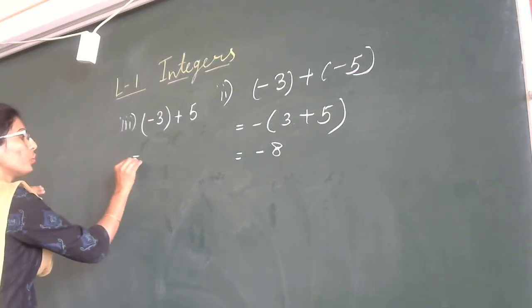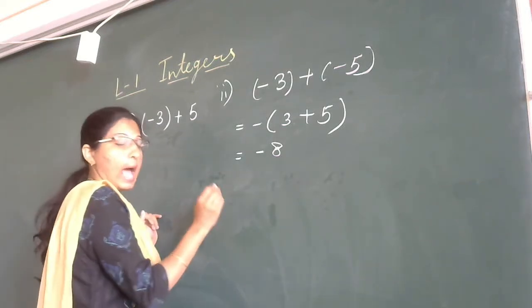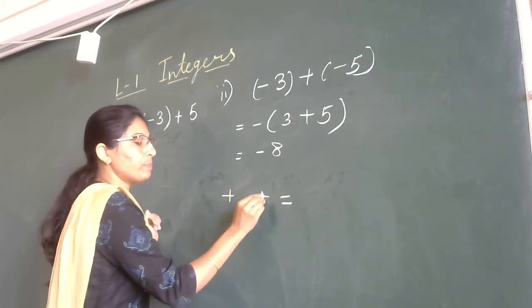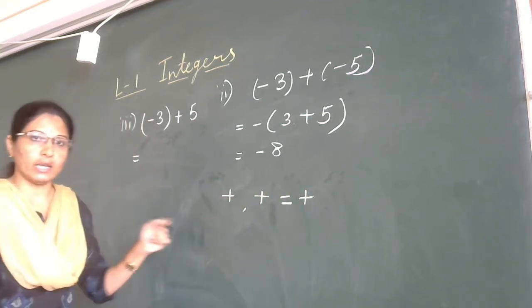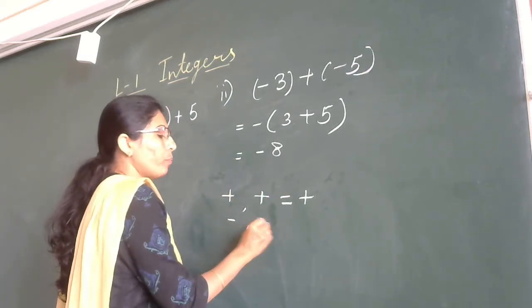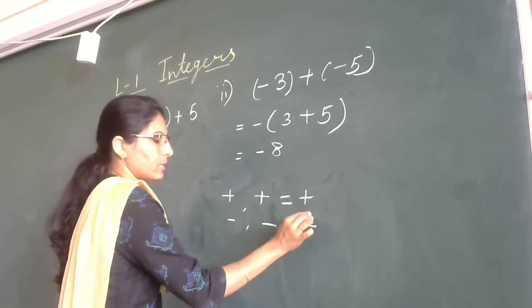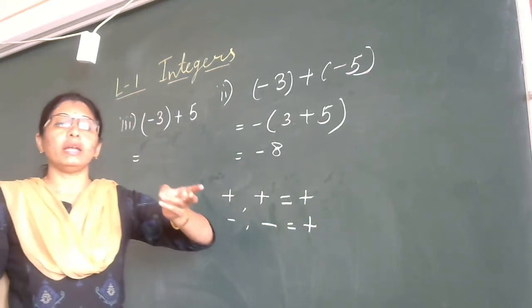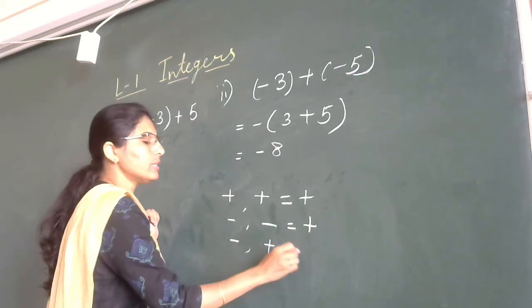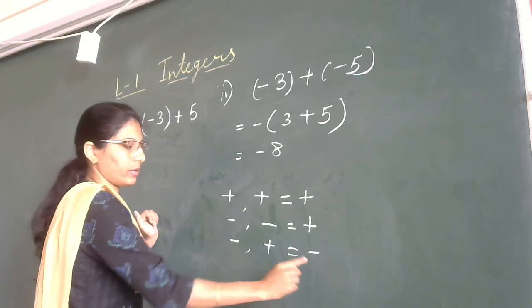We have to use the integer rule: when you add any two integers, plus plus, we add, giving plus. When both are minus, minus minus, we also add. Minus plus, or plus minus, means one is negative and one is positive, so we have to subtract.